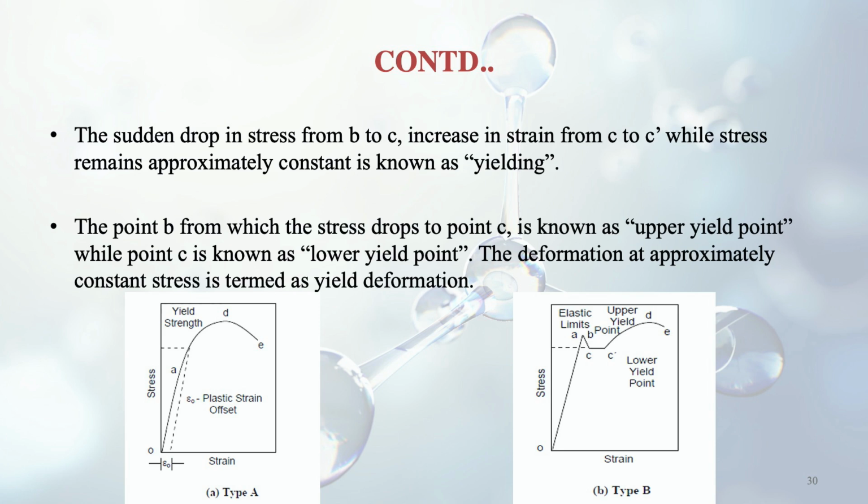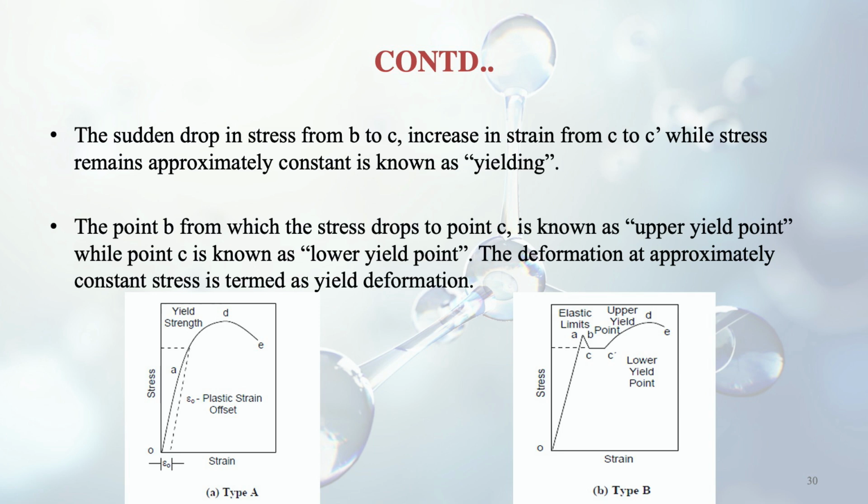Okay, so as I discussed before, to convince you more, now I am discussing the same thing again. The sudden drop in stress from B to C, and increase in strain from C to C dash while stress remains approximately constant, is known as yielding. The point B from which the stress drops to point C is known as the upper yield point, while point C is known as the lower yield point.